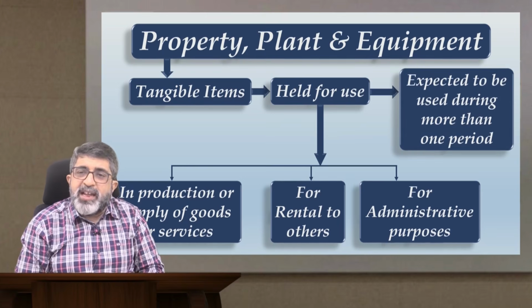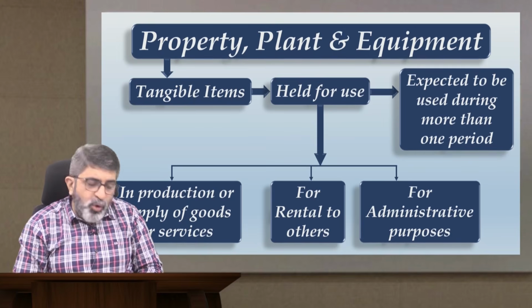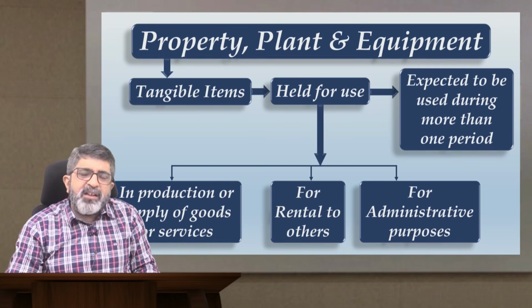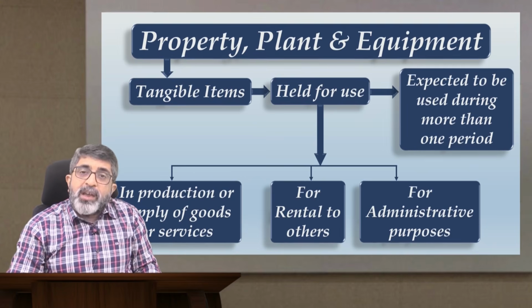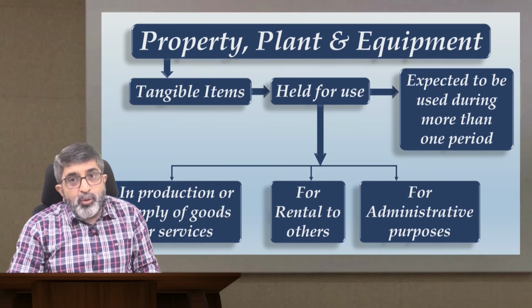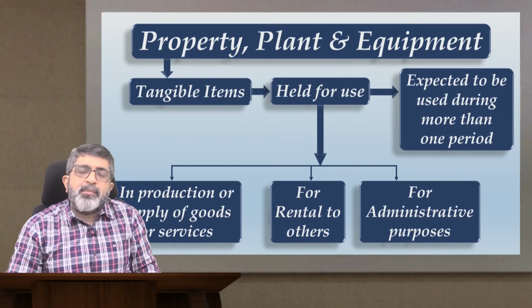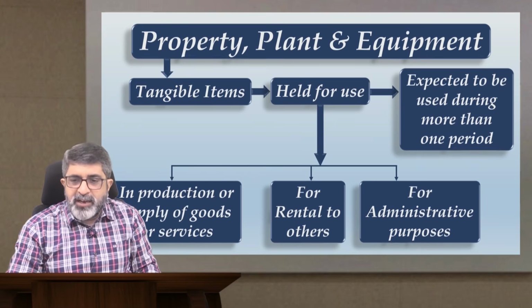And most importantly, as I said at the end, expected to be used during more than one period. One period here necessarily means one accounting period, that is 1 year. So if any kind of tangible item which is held for use and intended for a period longer than 1 year, then it will come in the category of property, plant and equipment.